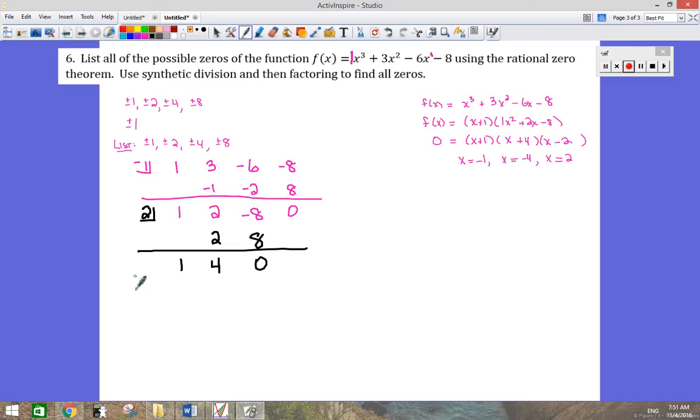So what does this tell me? Well, I'm going to use this previous work to illustrate what that tells me. The first time that I did synthetic division, it allowed me to factor it the first time.